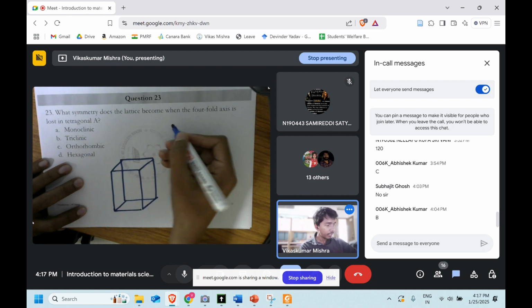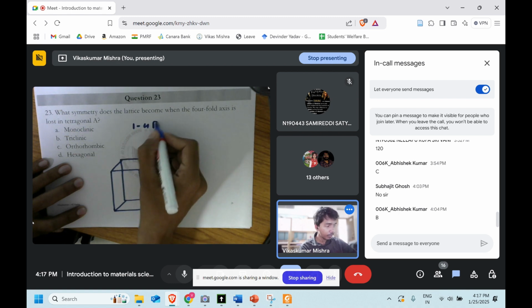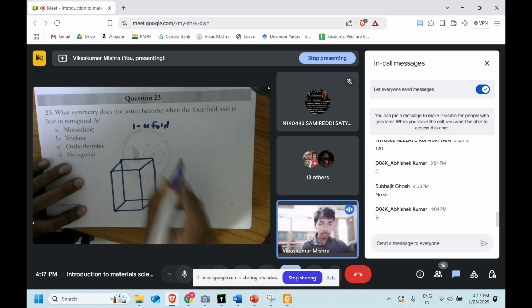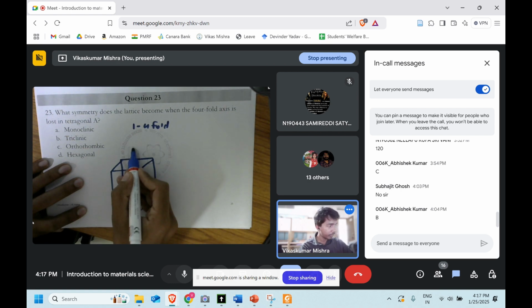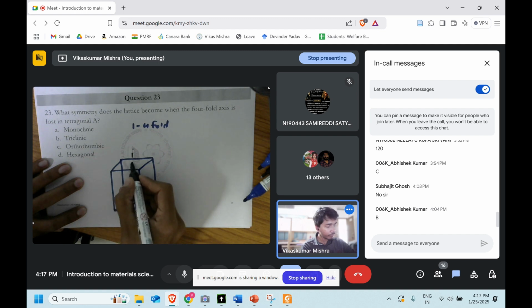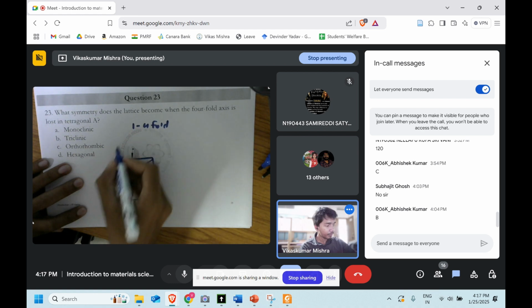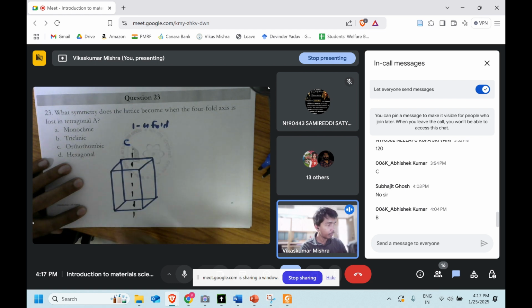We know in the tetragonal there is one fourfold, and this fourfold is about the C axis, about this particular axis passing through this. Now if I put C, tetragonal C, what will happen?